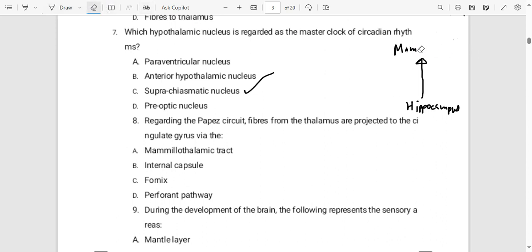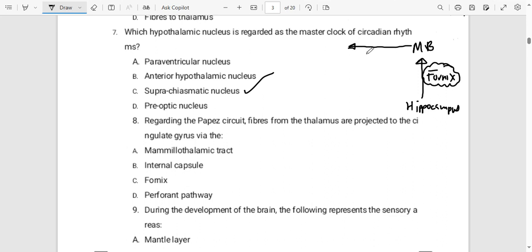And what path are we using? How are we connecting the hippocampus to the mammillary body? Remember the fornix, what we were talking about just on top. And then from the mammillary body, where are we going? I also did mention it.